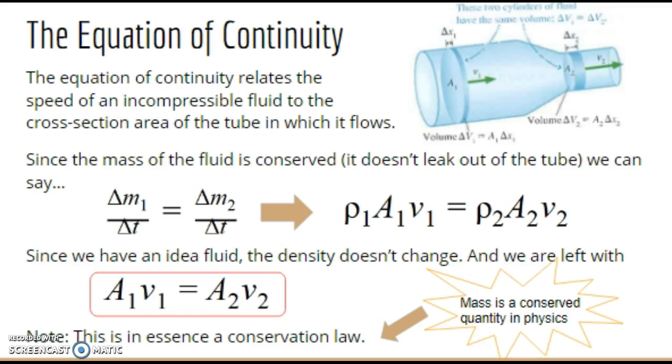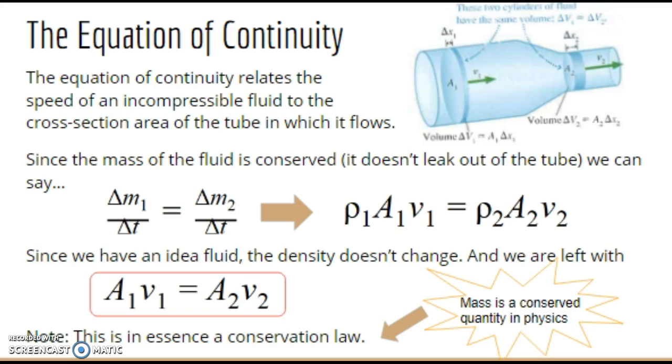Now, another thing to note here is just analyzing this formula. The mathematical product of area 1 times speed 1 is going to be a constant value. So therefore, if we increase the area, the speed of the fluid is going to have to decrease.